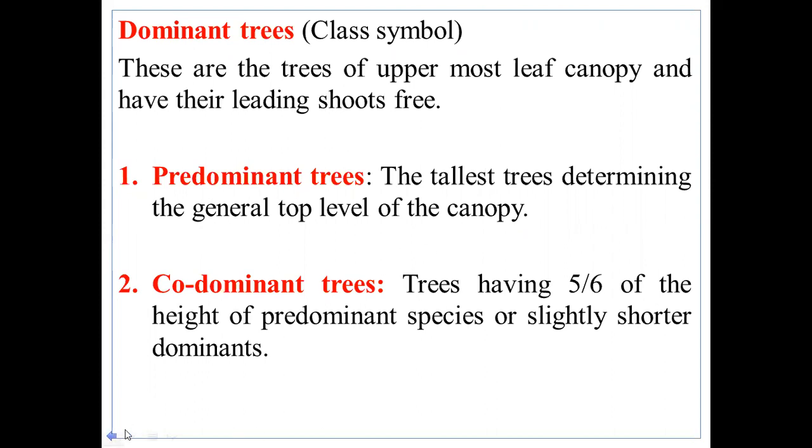Okay, so now we have covered the major portion of our basic forestry. Next is the crown classification. In the crown classification, the questions will be like: what is the predominant tree, what is the codominant tree.